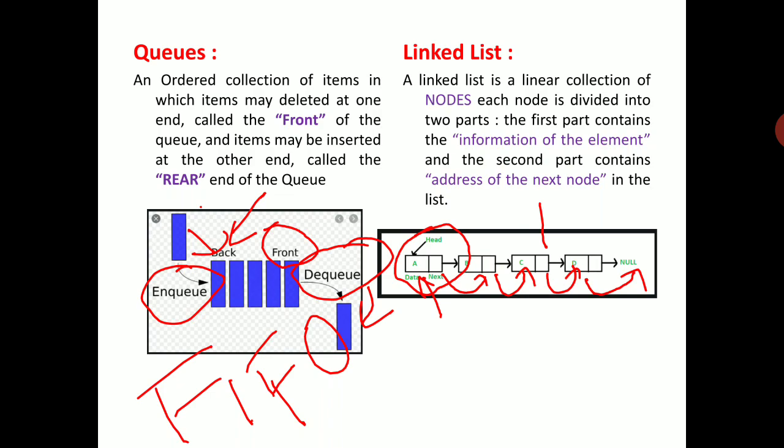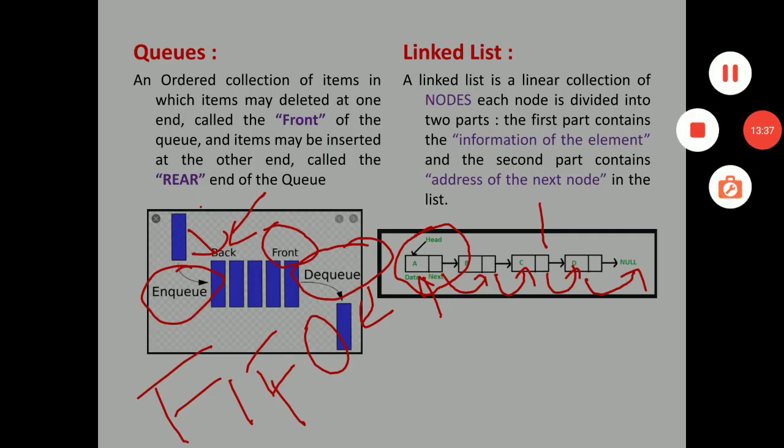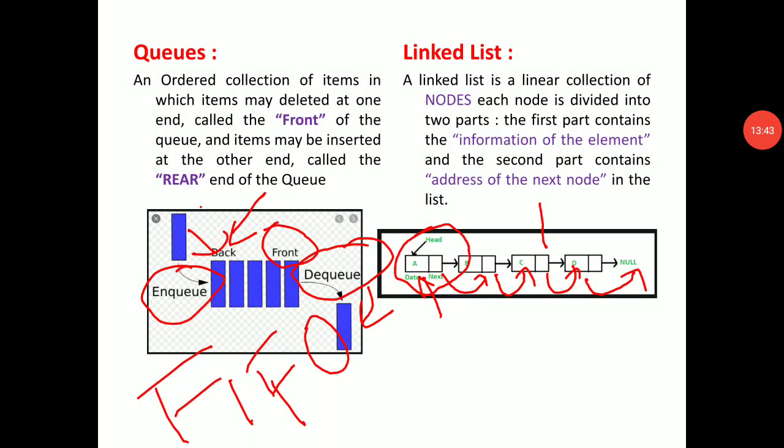And the third linear data structure we are having here is queue. The queue follows which principle? The queue follows first in, first out. Then the fourth one we are having here is linked list. But linked list has nodes, where the node is divided into two parts. One part has data and another part has the address of the next node, means where the next data is stored. So, this is linked list.